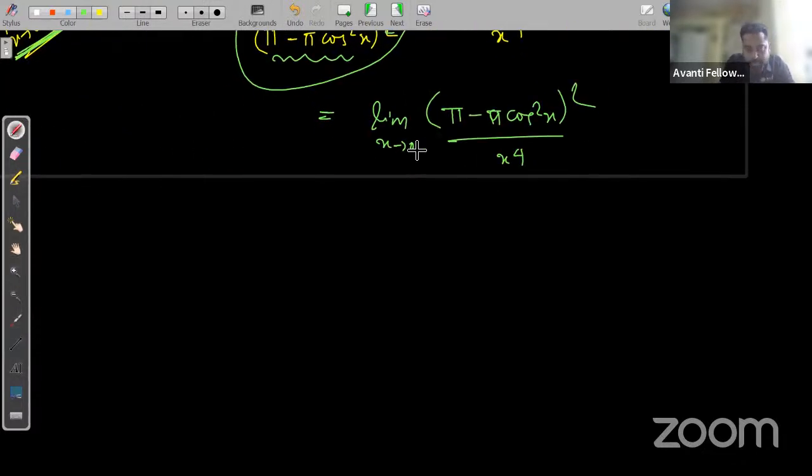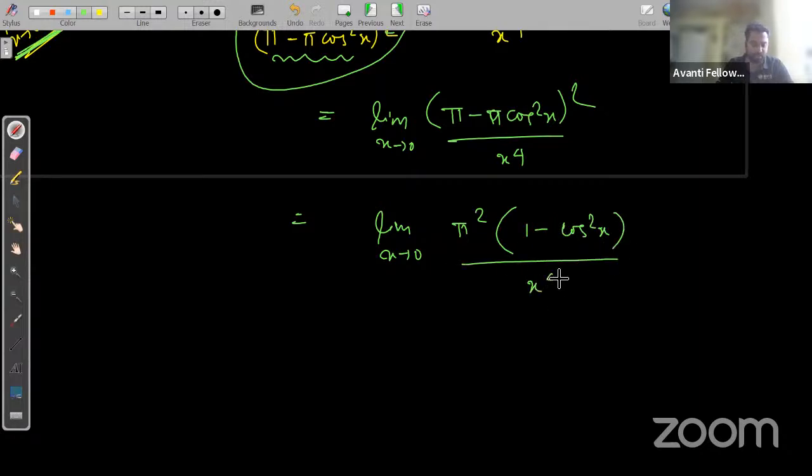If we put 0, then it will be 0 by 0 form. So if I take pi as common, limit x tending to 0, when pi comes outside of the bracket, this becomes pi square and it becomes 1 minus cos square x, divided by x to the power 4 whole square, right?